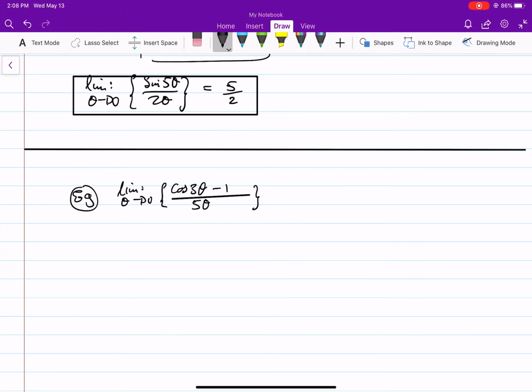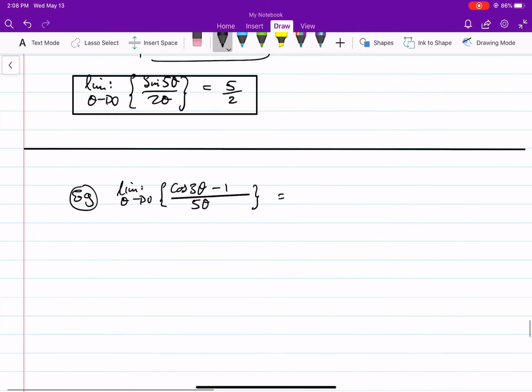So I'll do something similar to what I did above. This is the limit as theta approaches 0 of cos 3 theta minus 1 upon 5 theta times 3 upon 3. And guess what I'll do? I'll remove the 3 from the numerator and the 5 from the denominator.